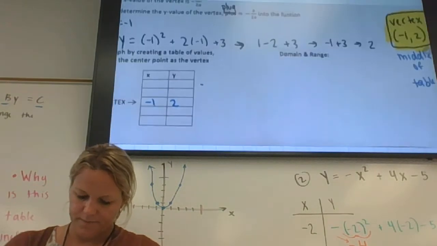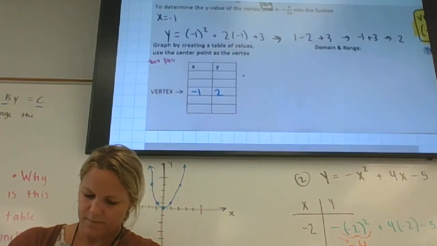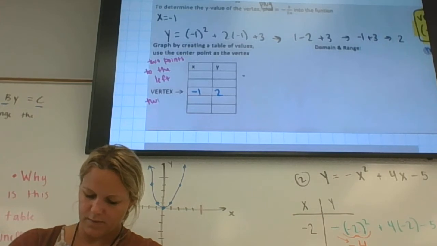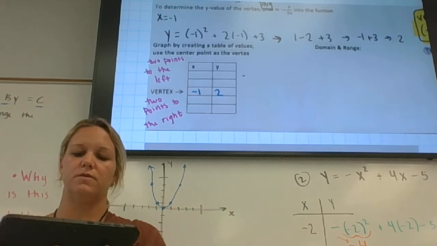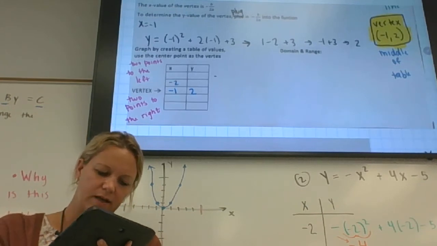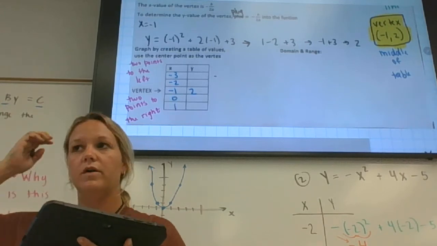Let me write that. Two points to the left and 2 points to the right. So to the left would be -2, -3, and to the right would be 0, 1.